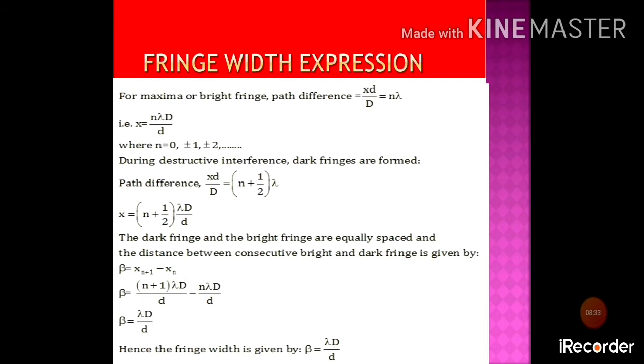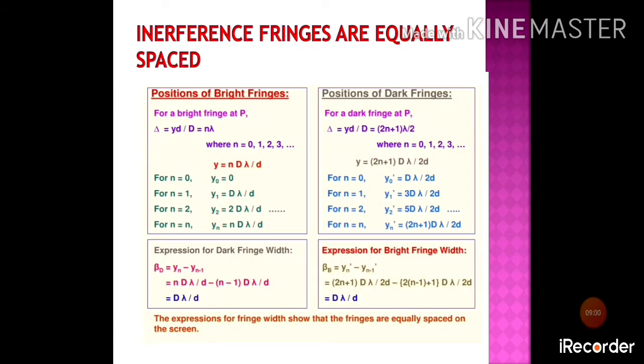Here I have shown you the distance between consecutive bright and dark fringes, given by beta equal to xn plus 1 minus xn. If you place the values, you will get beta equal to lambda capital D upon small d. That is, the fringe width is equal to lambda capital D upon small d. So you have obtained the formula for the fringe width.